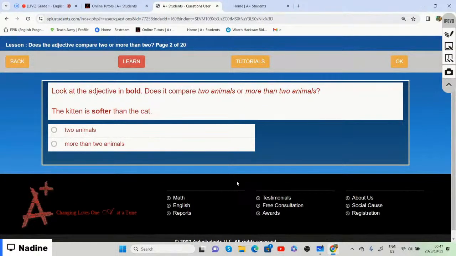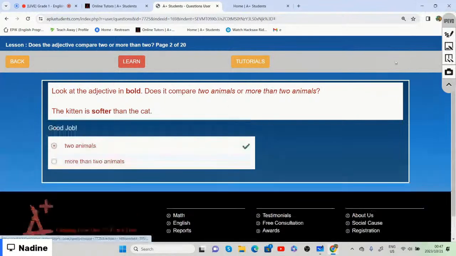In this case, it's two. So softer compares two animals. This one is softer than the other one.